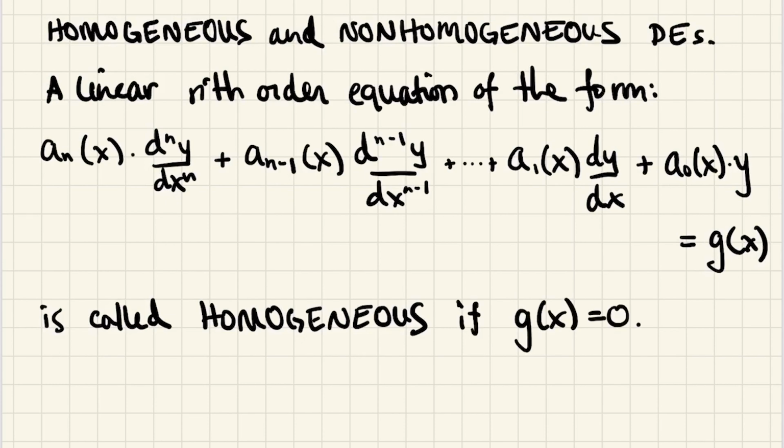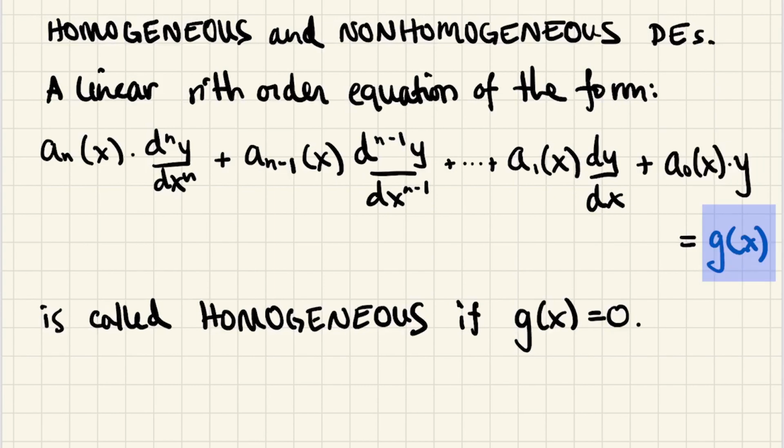All right, so here we have a linear nth order differential equation. Remember what that means: the highest order of the derivative is n, and all the derivatives are of the first power, and you just have stuff involving x times a derivative, plus stuff involving x times a derivative, all the way down to stuff involving x times y, the 0th derivative.